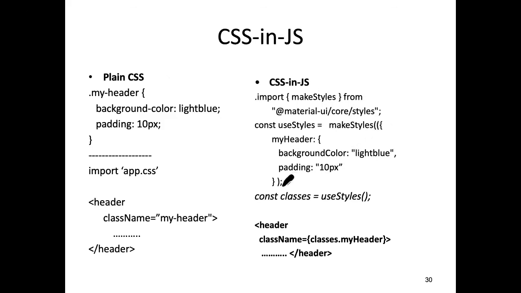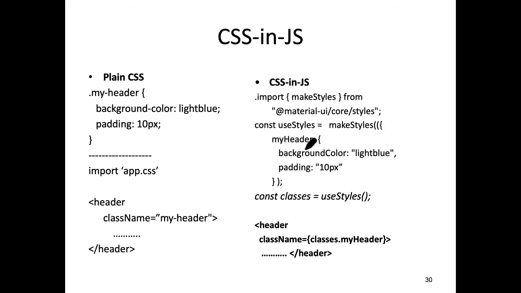This JavaScript object is a JavaScript representation of your CSS. If you compare this with this, you can see they're very similar, but it is a JavaScript object. In particular, if you take background color, which is a CSS attribute, you can't use that literal name here.